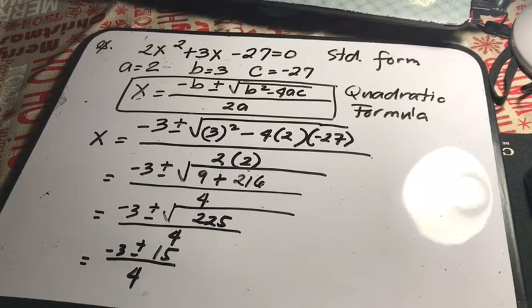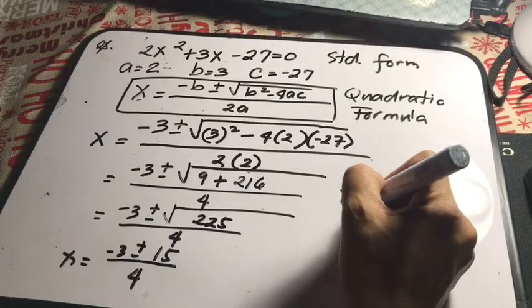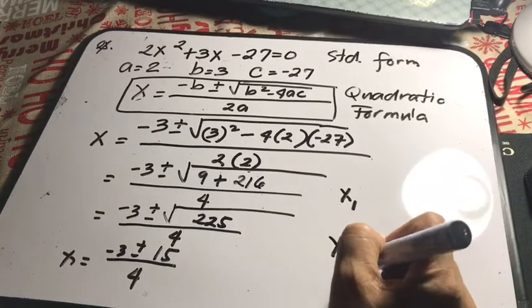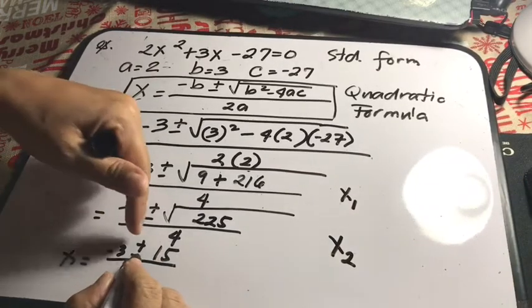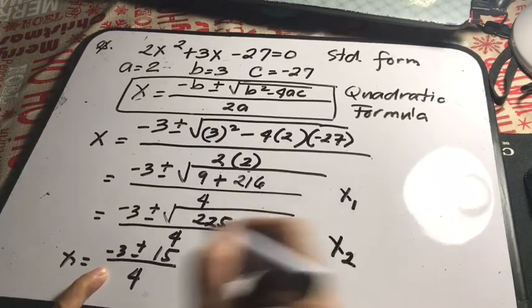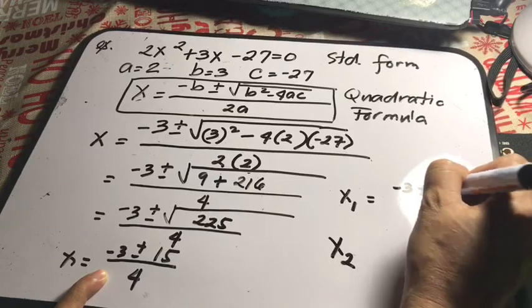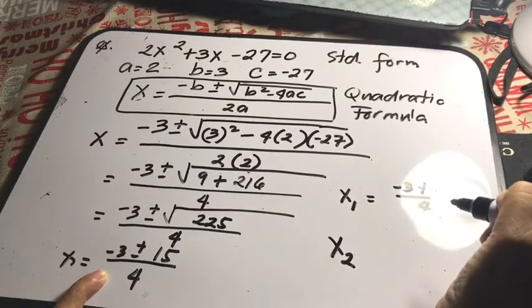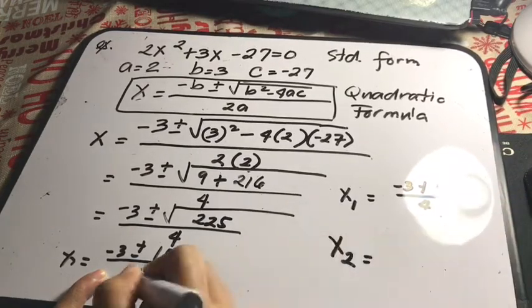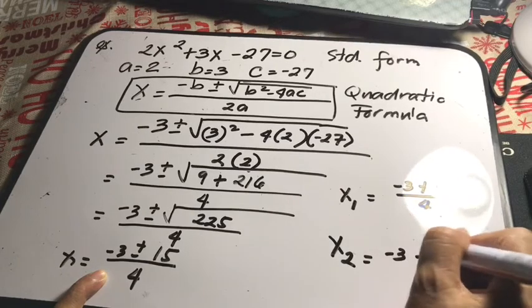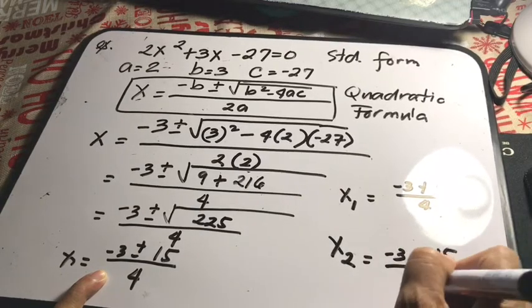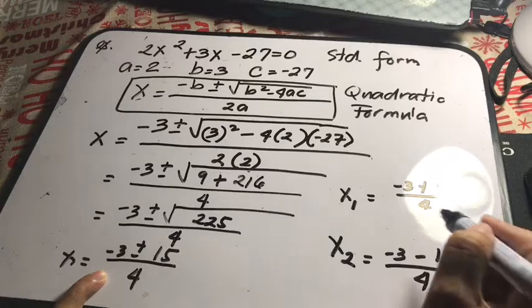So we have the values of x here, your x sub 1 and your x sub 2, because this is positive and negative. We will be having negative 3 plus 15 over 4 and negative 3 minus 15 over 4. Again, let us simplify.